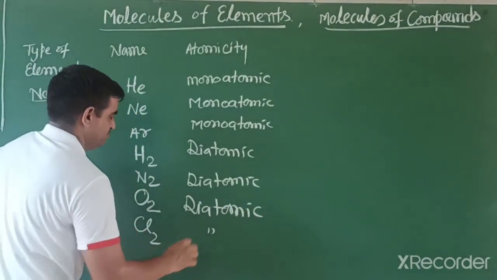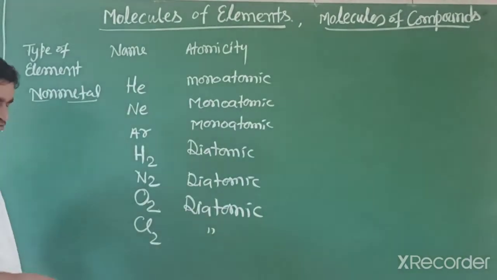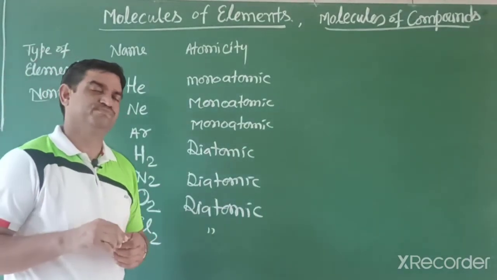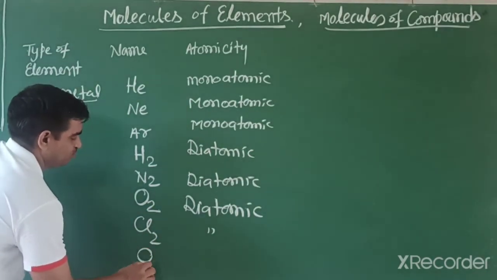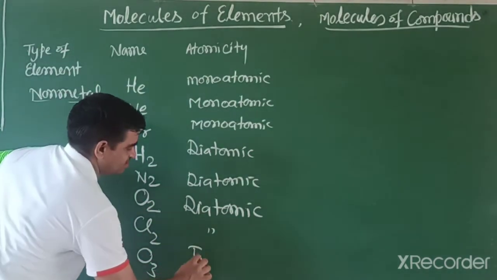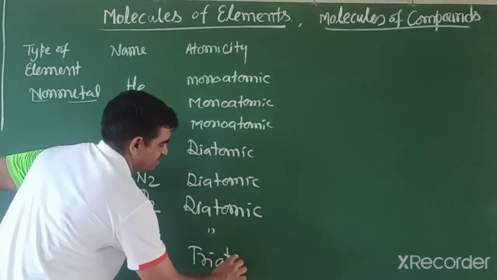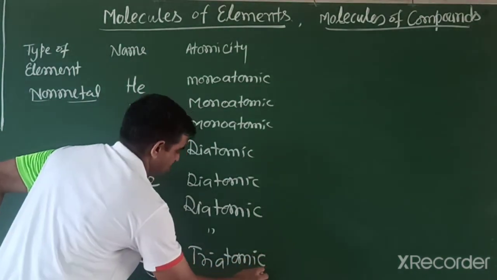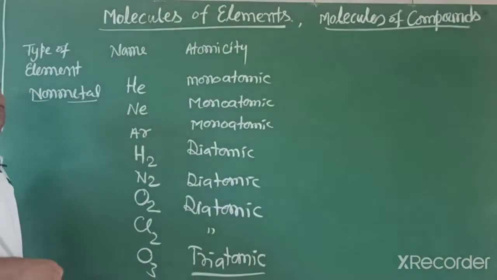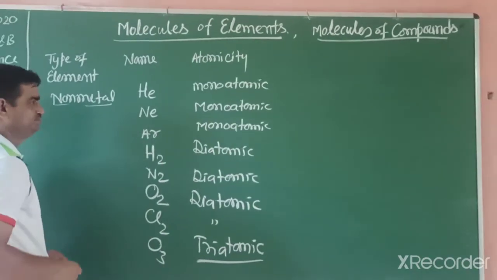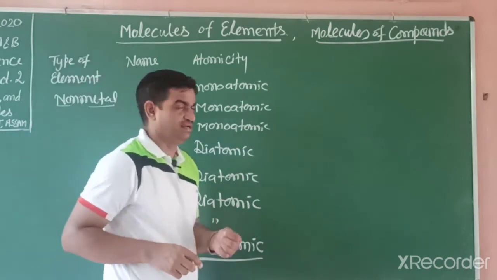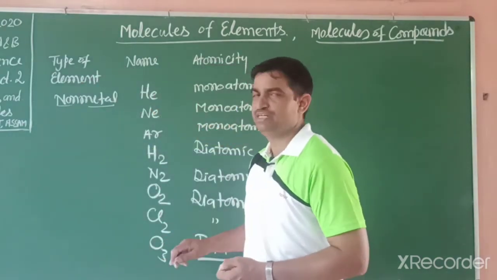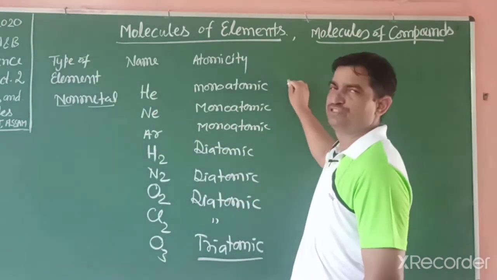Students, in ozone, there are 3 atoms combined. So ozone we can represent as O3, that is triatomic, because 3 atoms are combined in one molecule. Another example of an element is phosphorus.